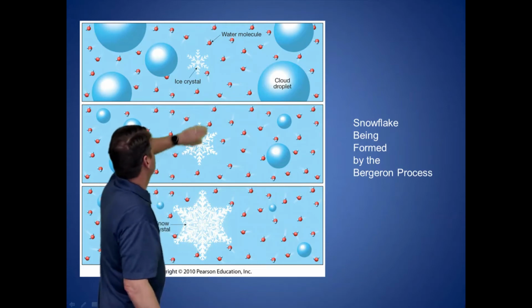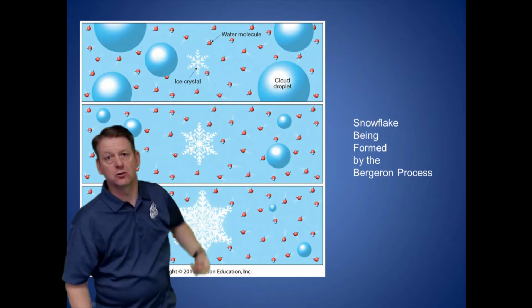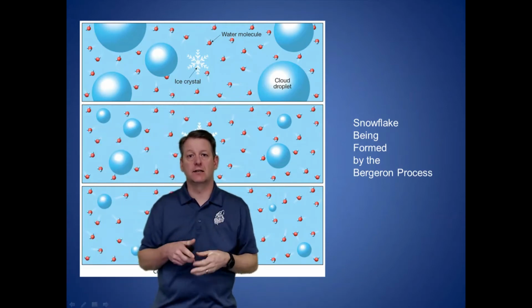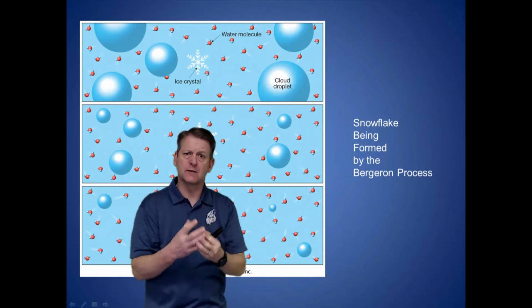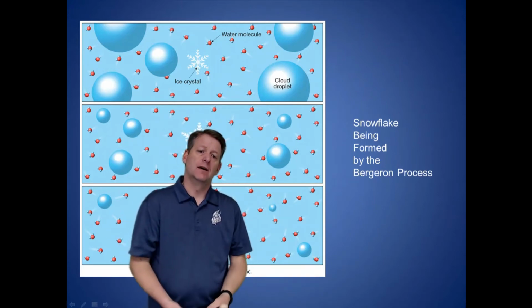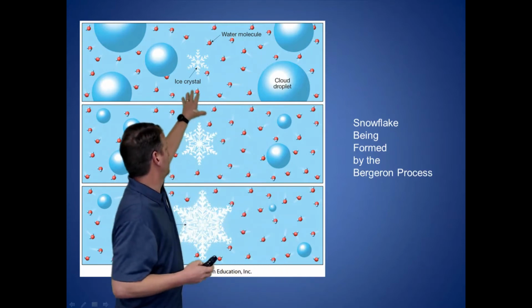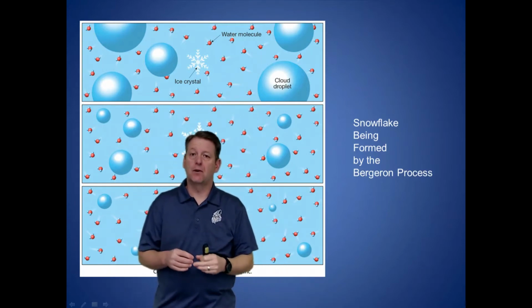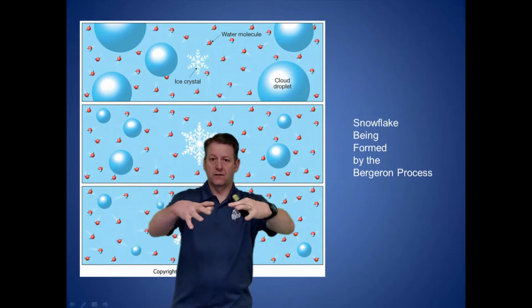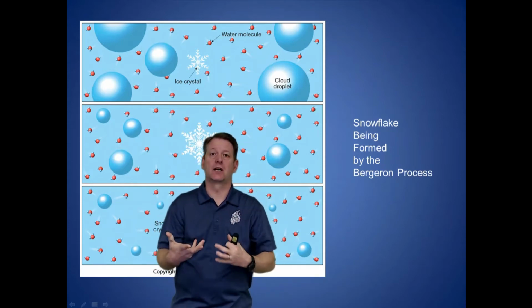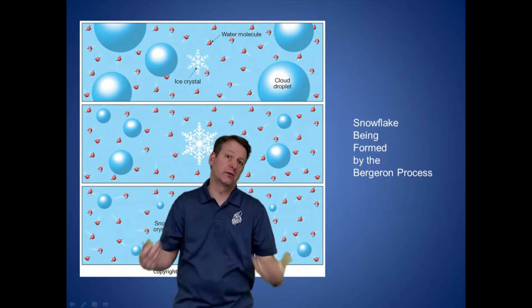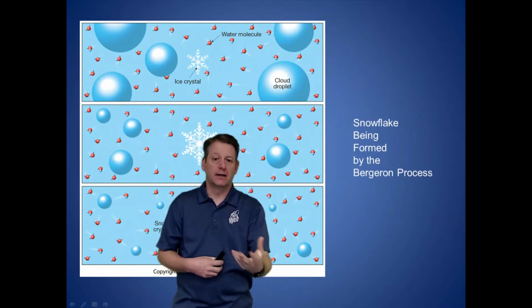We have that little tiny particle, that condensation nuclei, and water starts to condense on there. As it condenses, it can start to freeze. Partly because it doesn't stay in a spherical shape, but when it falls onto that particle, it can flatten out and increase its surface area. And by increasing its surface area, it releases heat, and it can actually freeze.